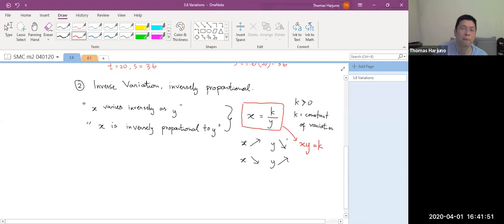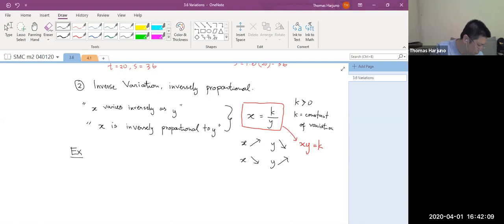Now let's see, for example, from our textbook. Let's see question number... I don't really see one. I want a simple question.